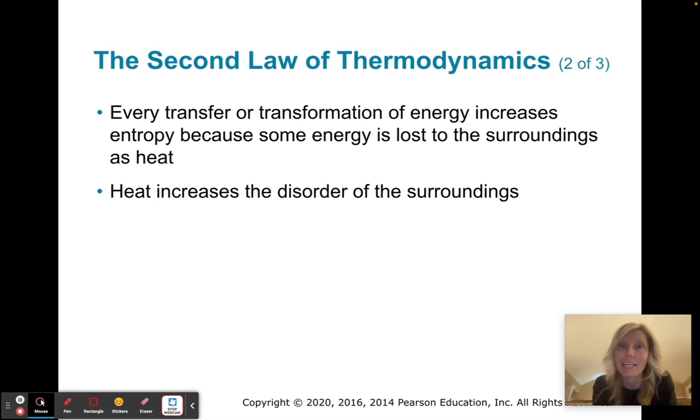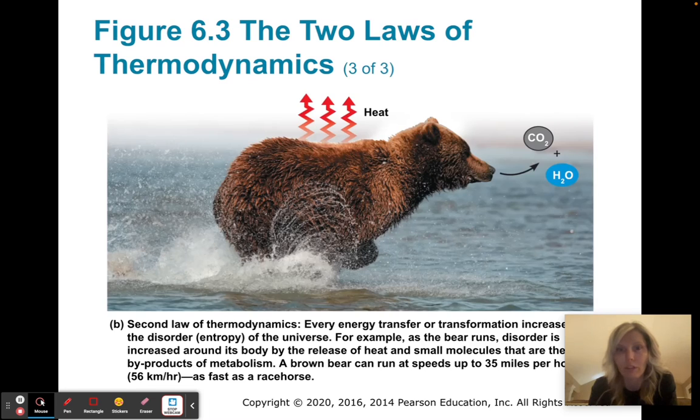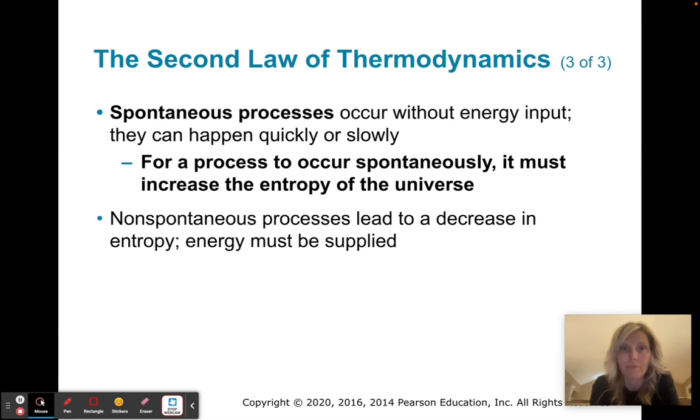I'm not saying heat can't do any work, but it's pretty hard to harness heat, especially within biological organisms, to do a considerable amount of work. So heat increases the disorder of the surroundings. You'll see that here. As metabolism occurs, the disorder increases, and heat is an example of that.